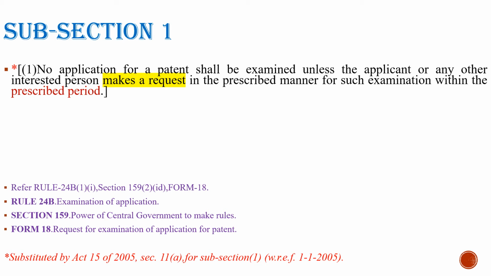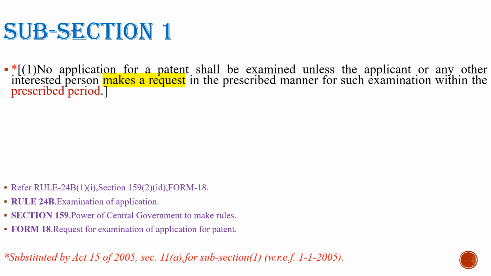Friends, this whole subsection is substituted by Act 15 of 2005, Section 11A for subsection 1 with effect from 1st January 2005. So that's why the single star mark indicates that the whole subsection has been substituted.